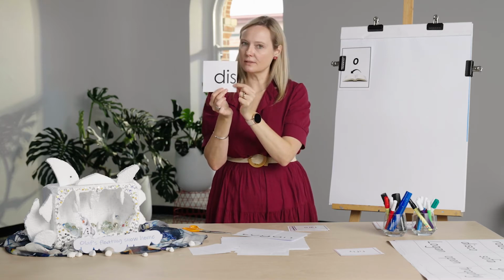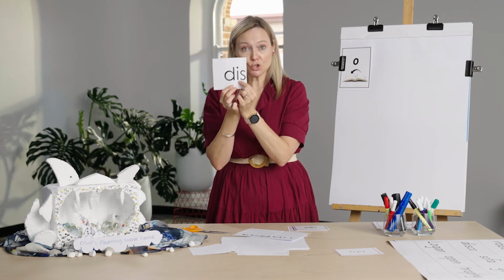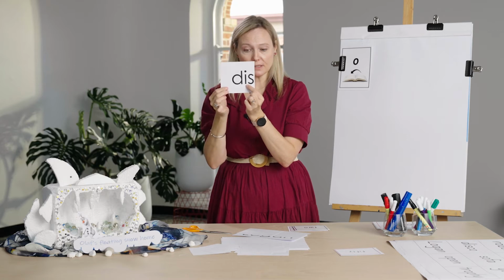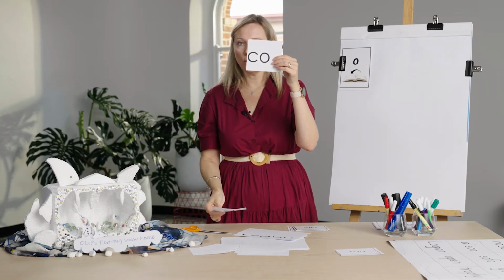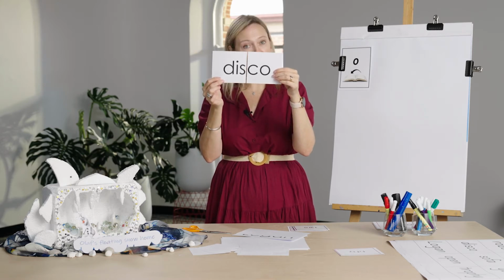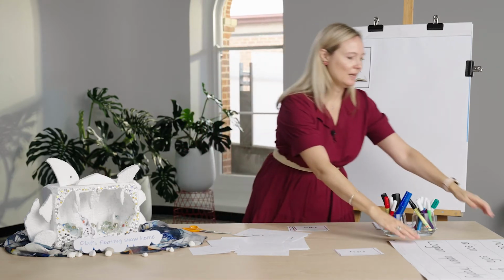Is there a consonant after the vowel? So that must be a short vowel. We've closed the vowel with a consonant. So we say disco. Put it together, disco. You ready to do some reading? Come over to the board.